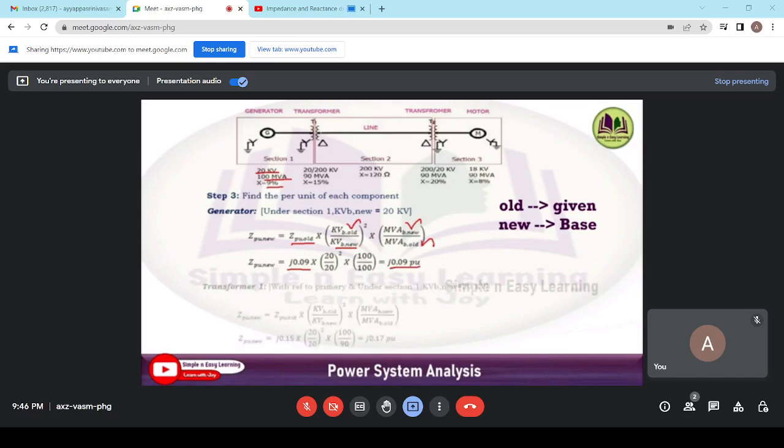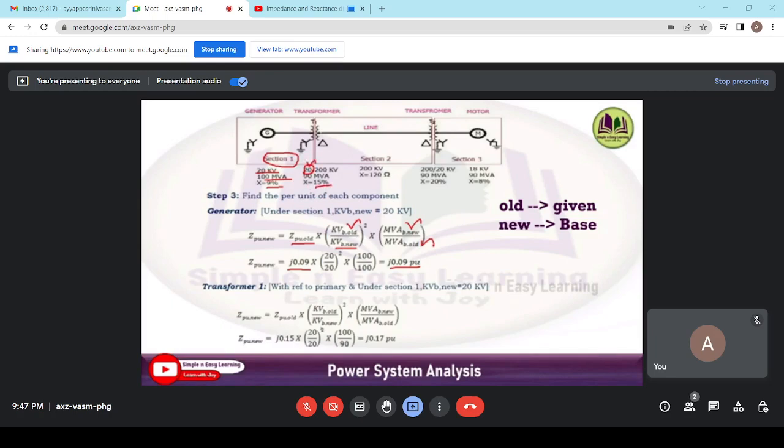The second component is transformer T1. Understand it clearly: under section 1, the LT side of transformer T1 is connected. So you need to take the LT side value, that is 20 kV. The same formula applies here: the given value is 15% and the given kV is 20, since it is the LT side.